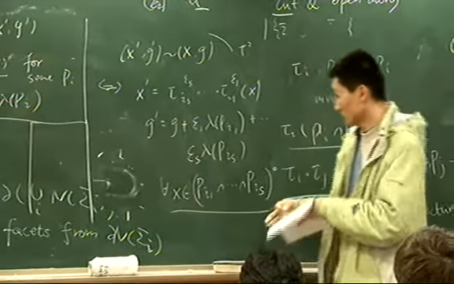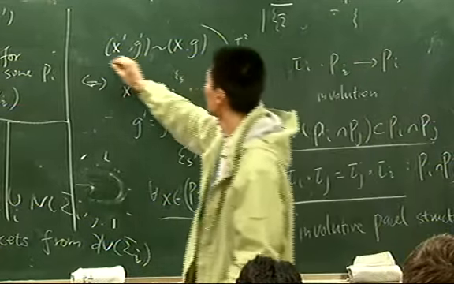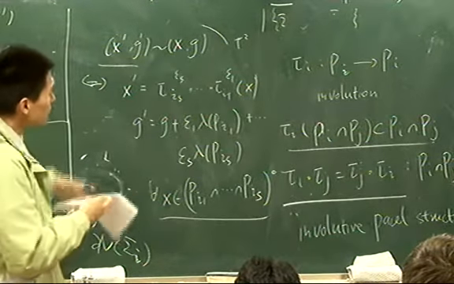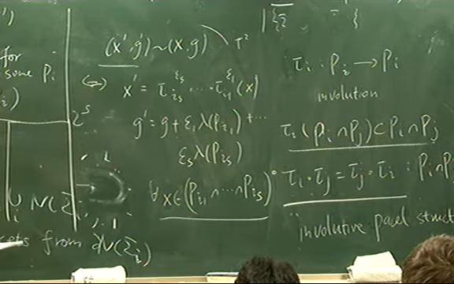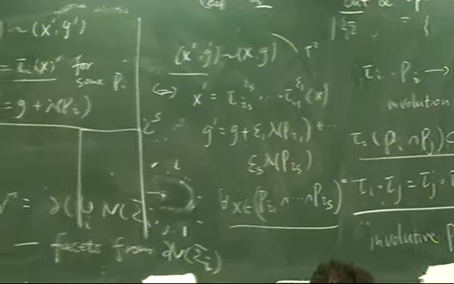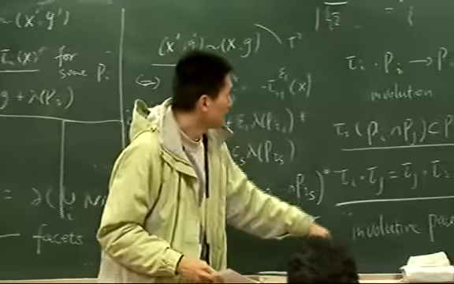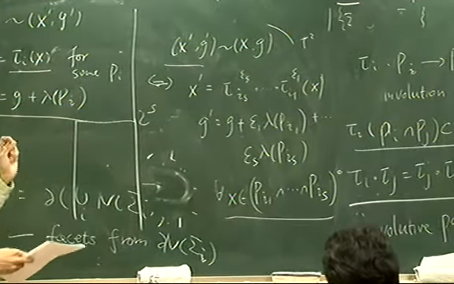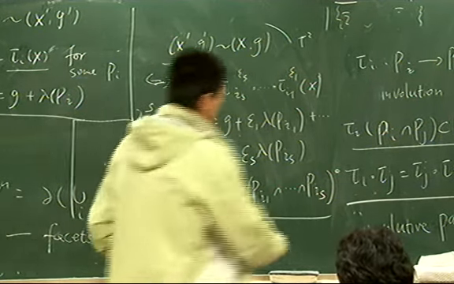So for any x in the interior of a codimension s face, the point that is glued to xg is given by this form. There are 2 to the s different points glued to the same point here. For any x in the interior of a codimension s face, exactly 2 to the s different points are glued together. So this is different from the small cover.